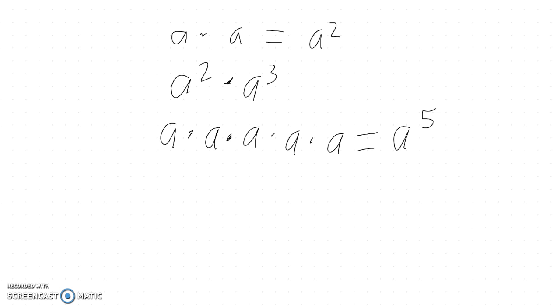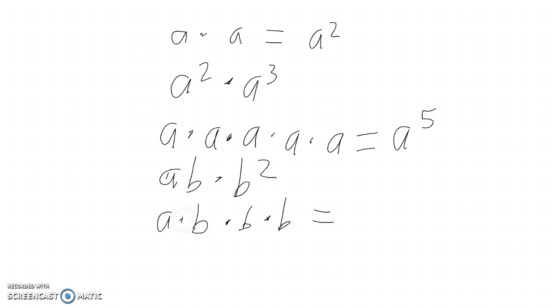Now, you might have more than one letter. What if you have AB times B squared? Well, instead of freaking out, we just remember that you can write this in multiplication form. What does the AB mean? It means A times B. So I'm going to write that as A times B squared, which is B times B. And it's pretty simple here.